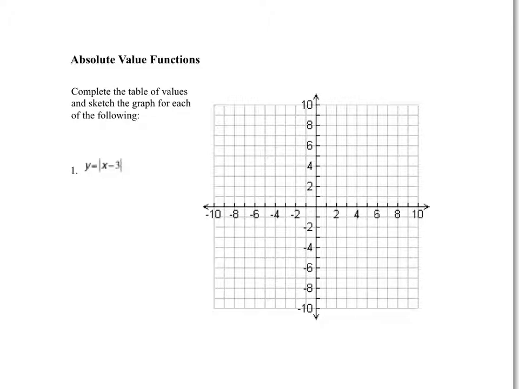So it looked like this. It should have looked something like this. A V shape, which is basically linear, right?